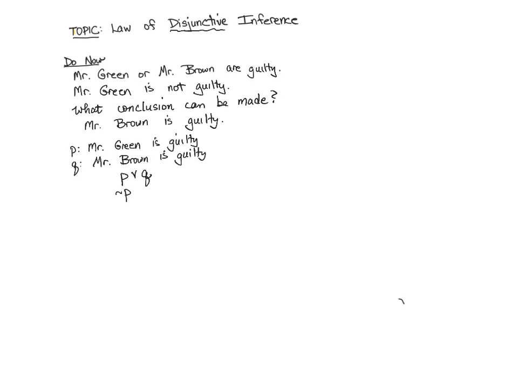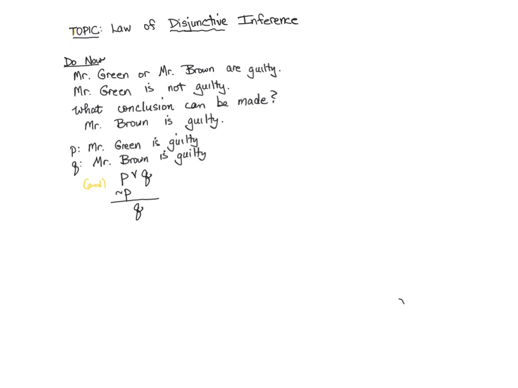And this additional information is connected with the word "and", but that's implied because we list them vertically. So the conclusion would be Q, that Mr. Brown is guilty. Now let's go back to the investigations about Mr. Green and Mr. Brown.